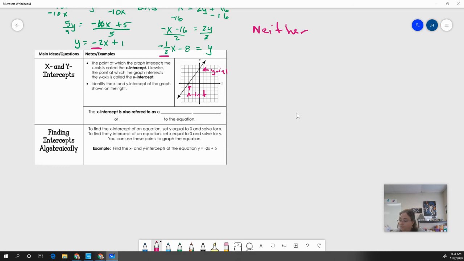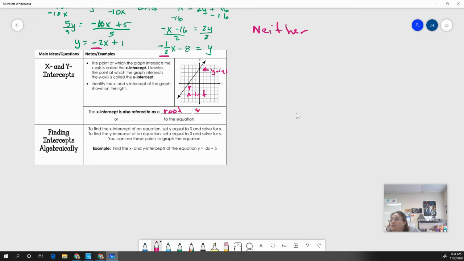They are also referred to as, the x-intercepts are often called things like roots or zeros or solutions. Zeros you'll hear a lot, because when you want to find an x-intercept, you set an equation equal to 0, right? And that should give you anywhere where the graph of that line is going to cross the x-axis. So you'll hear it as root.